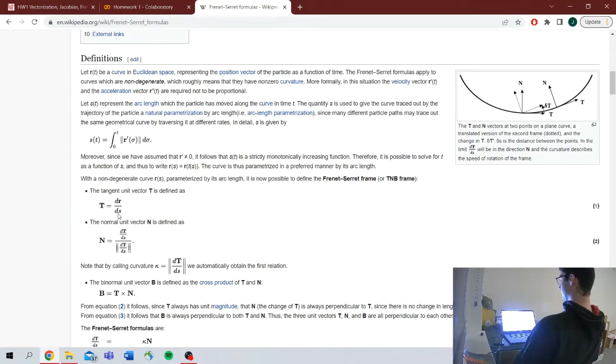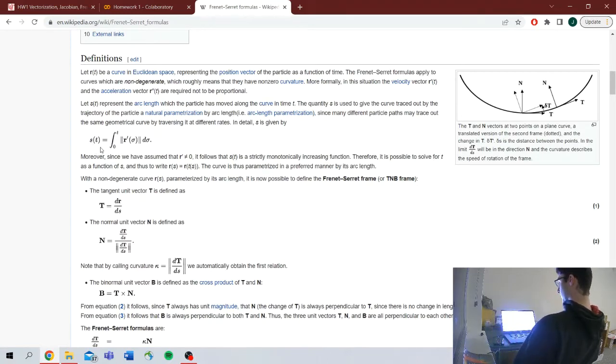And the way we're going to do that is we're actually going to use the chain rule, and we're going to use this relationship here. It gives you a relationship between the curve and the arc length.